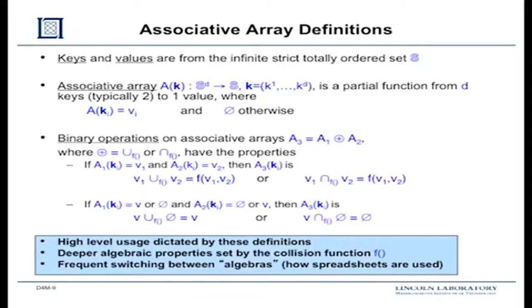We'll get into that a little bit later, but they essentially have the binary operations of a strict totally ordered set, which is equality and less than. Yes. Well, there's a few more.